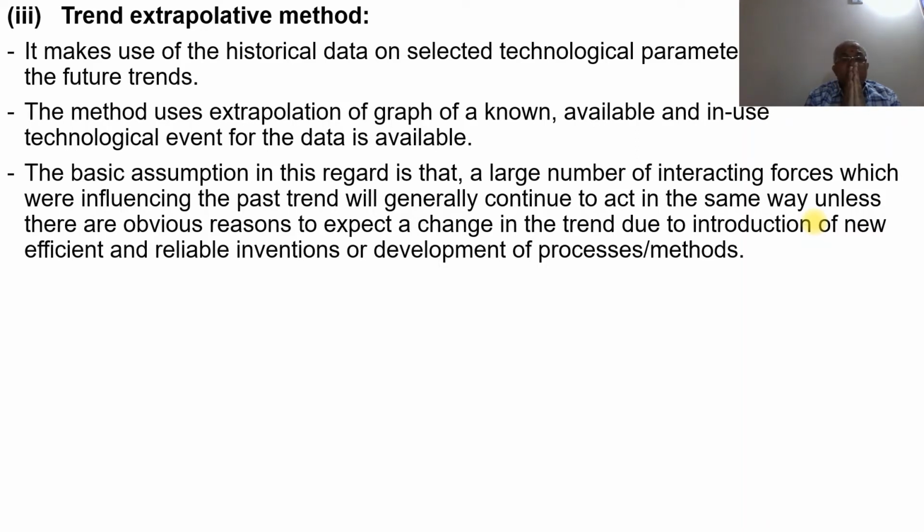The method uses extrapolation of a graph of a known, available and used technological event for which data is available. The basic assumption is that a large number of interacting forces which were influencing the past trend will generally continue to act in the same way, unless there are obvious reasons to expect a change in the trend due to the introduction of new, efficient and reliable inventions or developments of processes and methods.